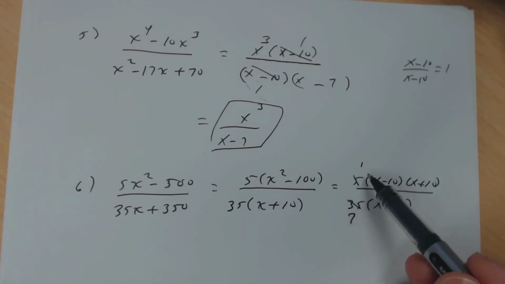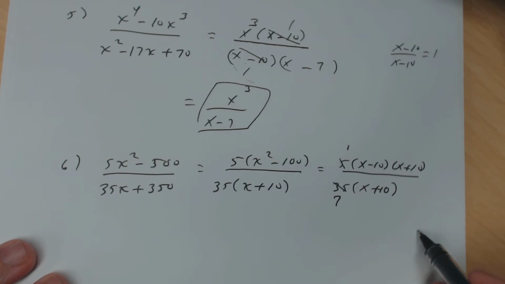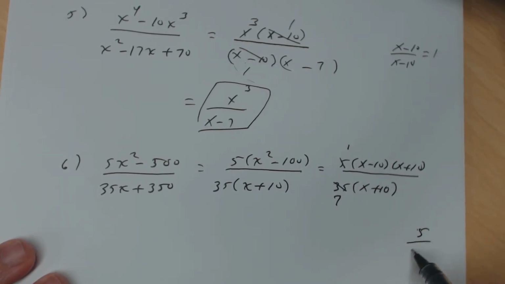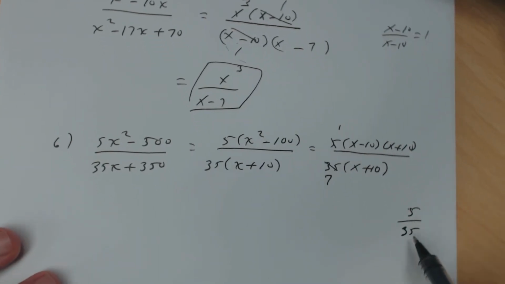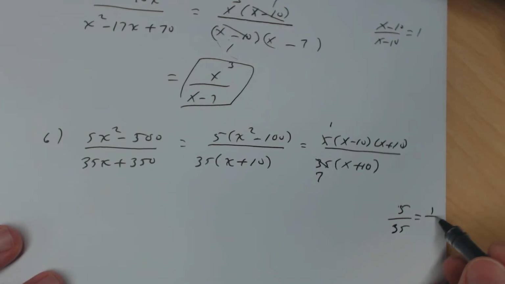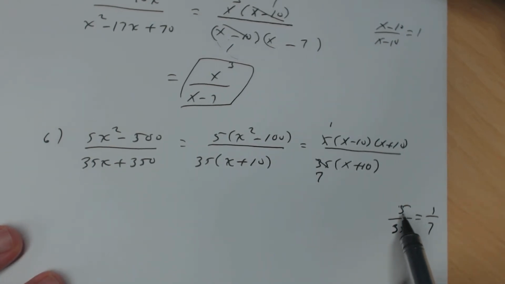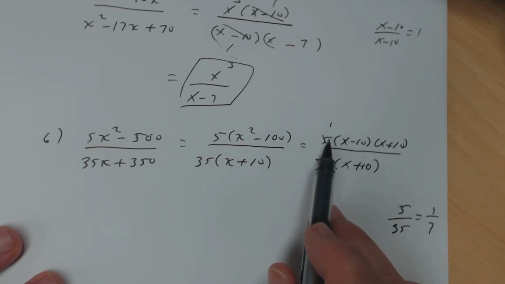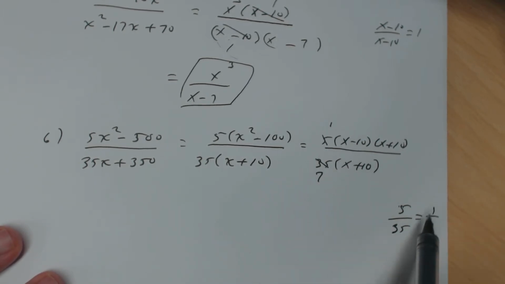So that's where I get 1 over 7. And it kind of makes sense because in a previous course where you were asked to reduce this fraction, you said that was 1 over 7. Because 5 goes into 5 one time, 5 goes into 35 7 times. And that's where this 1 over 7 comes from.